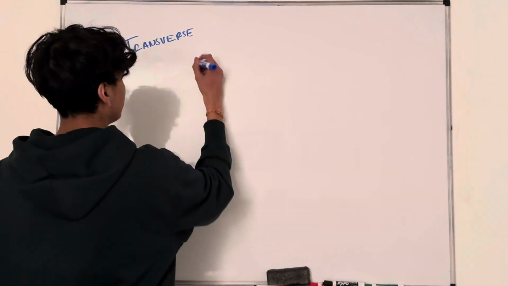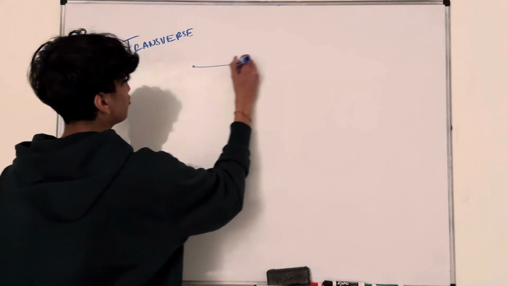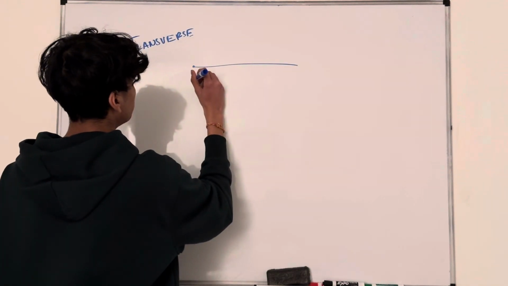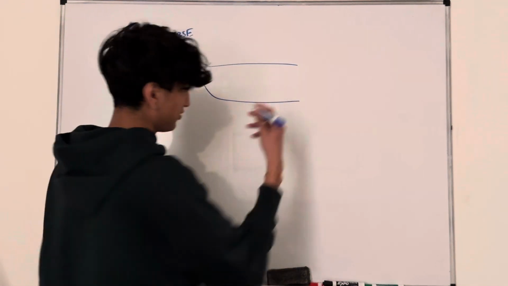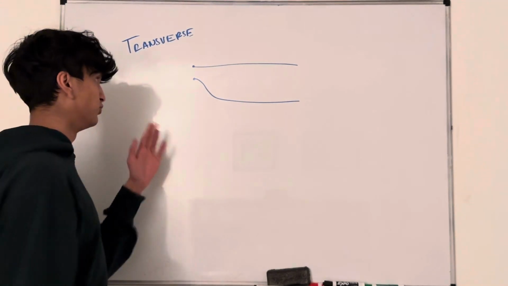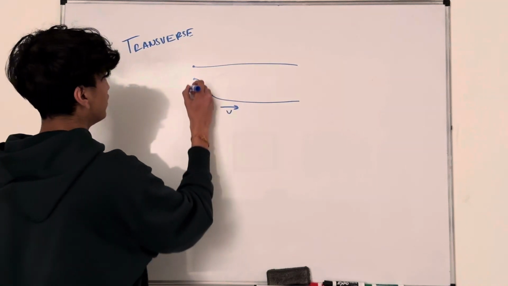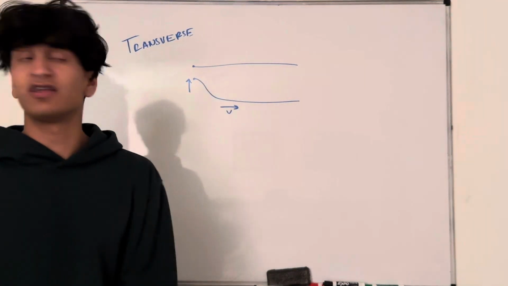So here's the deal. When I had that string and I initially moved it up, I had to move it up perpendicular to the way that I wanted the wave to move. The wave's going to move this way eventually, but I moved it up like so. It's perpendicular.